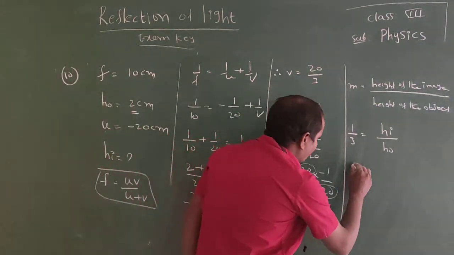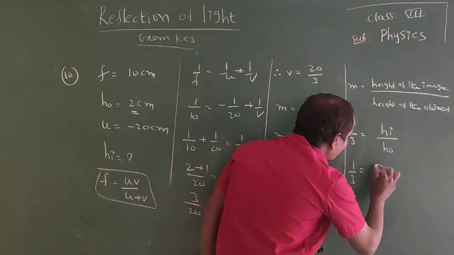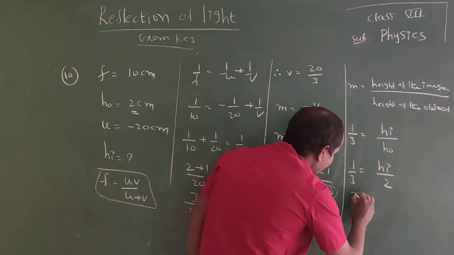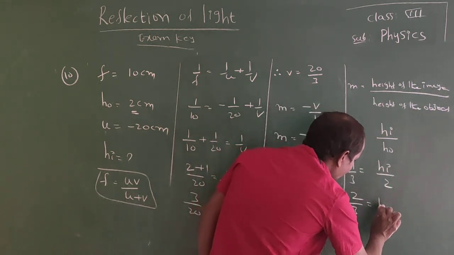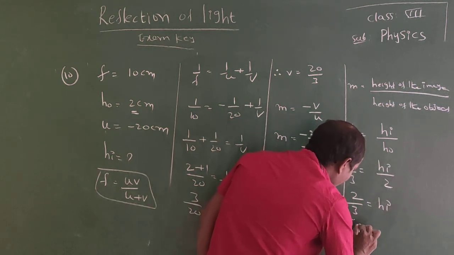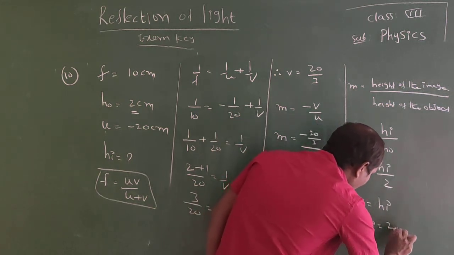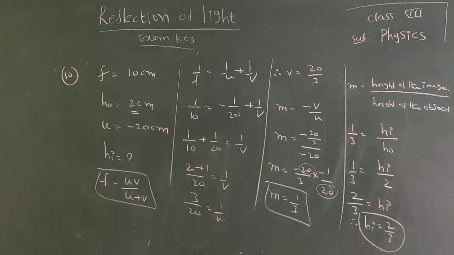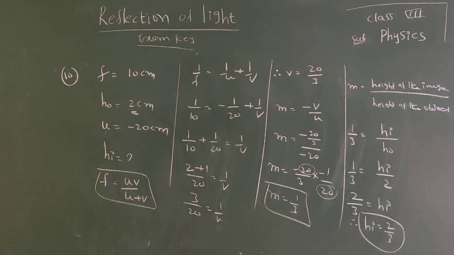So 1 by 3 is equal to hi by 2. Doing cross multiplication, 2 by 3 equal to hi. Therefore the height of the image equal to 2 by 3. So option number 3.